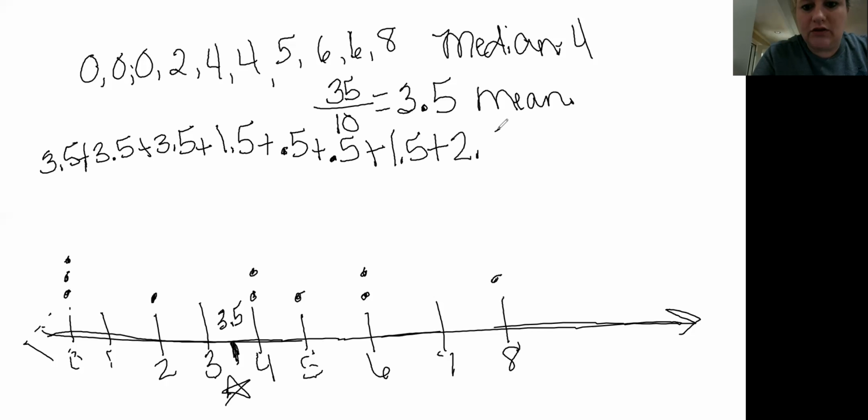And there's 2 of those. And then 8 would be 1, 2, 3, 4.5.